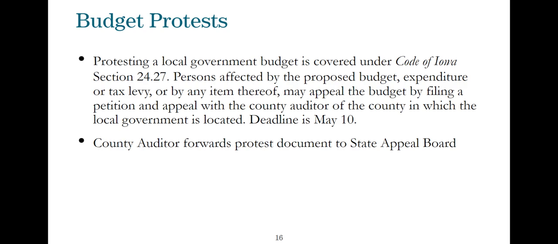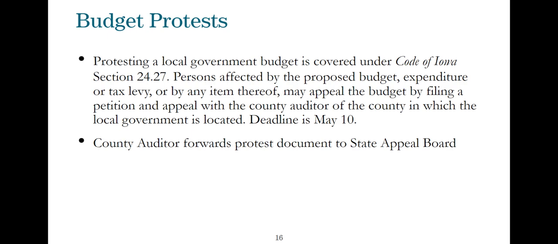Budget protests are something that can happen. Budget protests are covered under Code of Iowa, Section 24.27. Individuals within your city or within your county can appeal your budget after it's adopted by filing a petition and appeal with your county auditor.